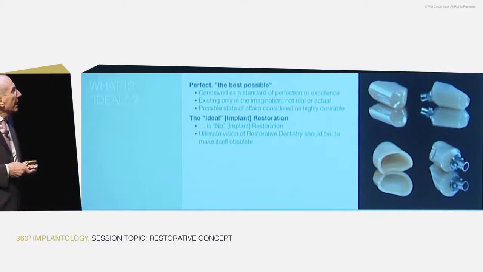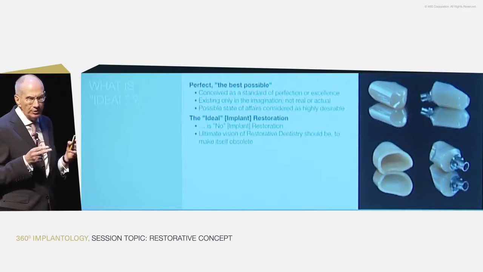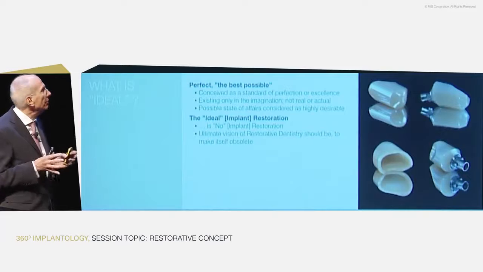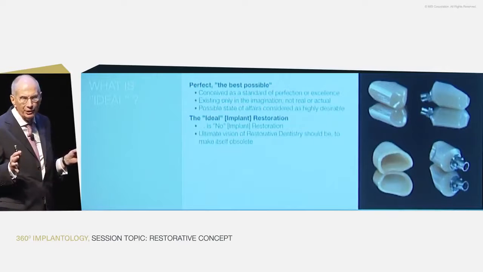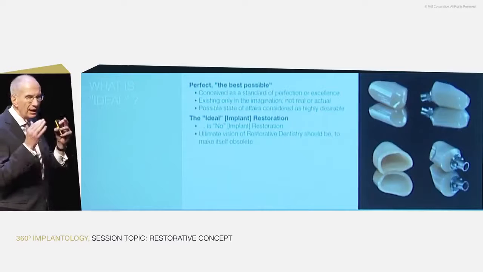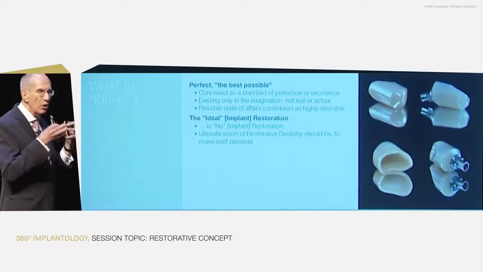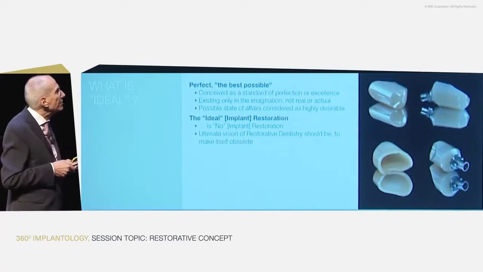And we have to remember that for every prosthodontist, the ideal is the restoration that I never did, because the natural teeth still are the best, and we always have to compare with the situation of the natural dentition.